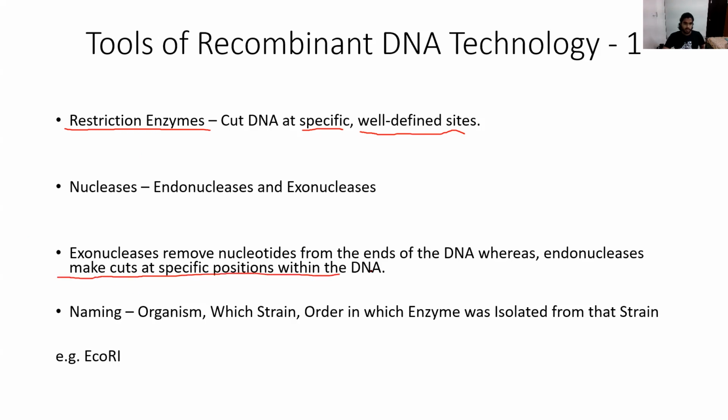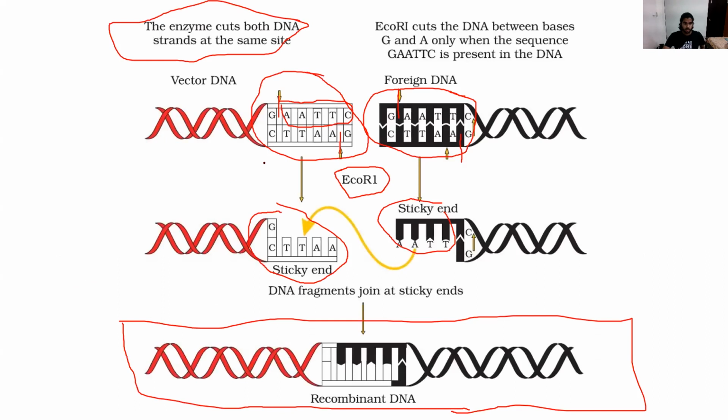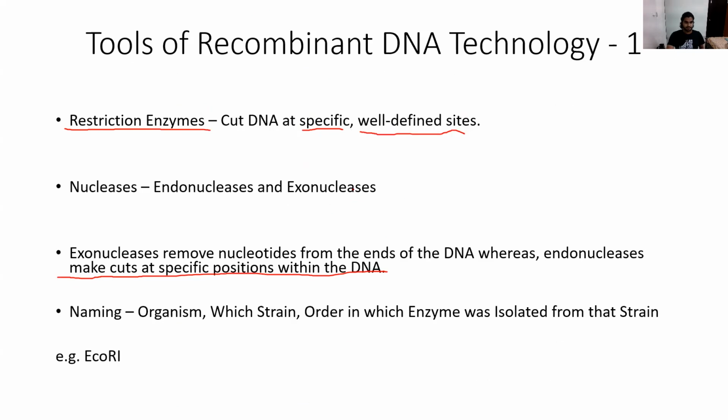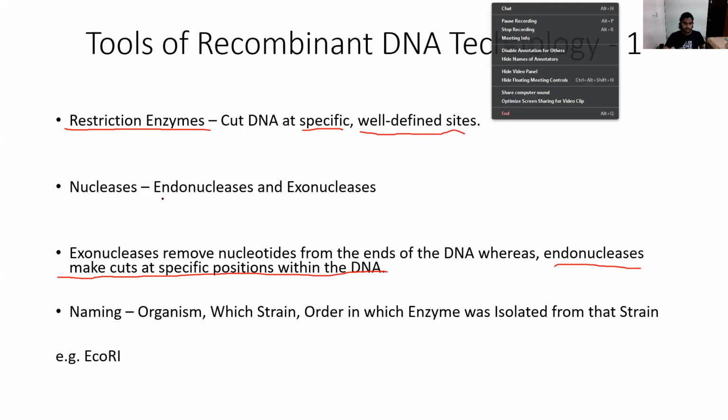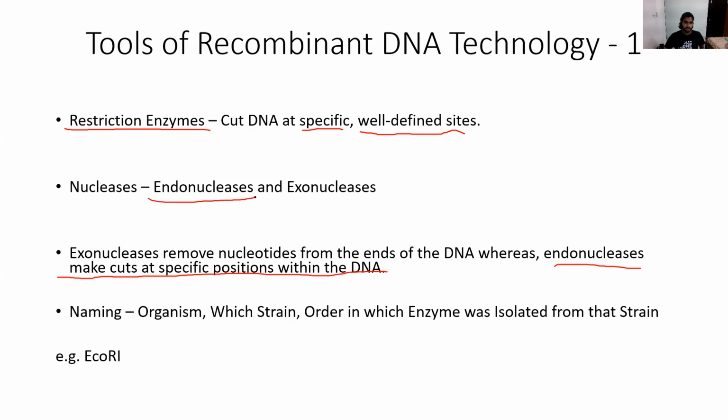Therefore, EcoR1 is an example of a restriction endonuclease, because wherever the sequence GAATTC, CTTAAG is present inside the DNA, EcoR1 makes a cut at those sequence sites. It's a restriction enzyme and it's an endonuclease.